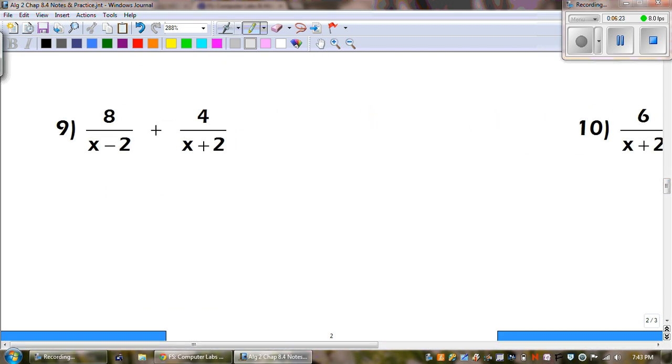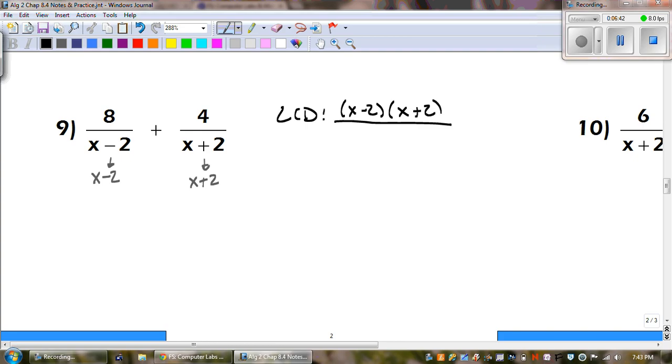Number 9. Since we can't factor the x minus 2 or the x plus 2, our LCD is a combination of those, the x minus 2 and the x plus 2. So when we multiply, we have our first fraction of 8 over x minus 2.